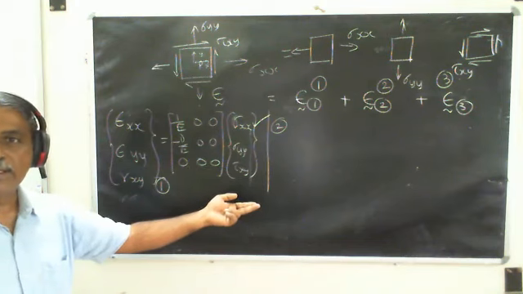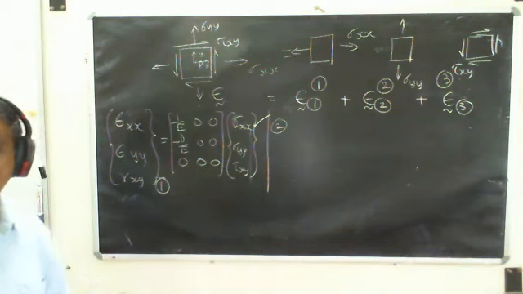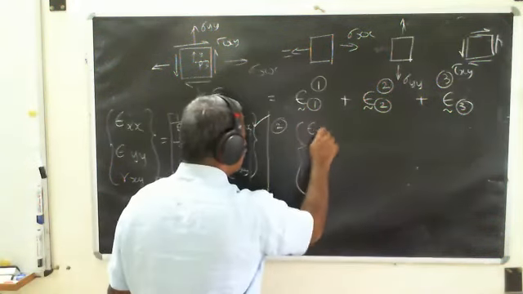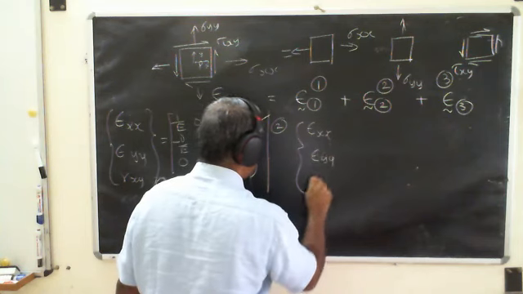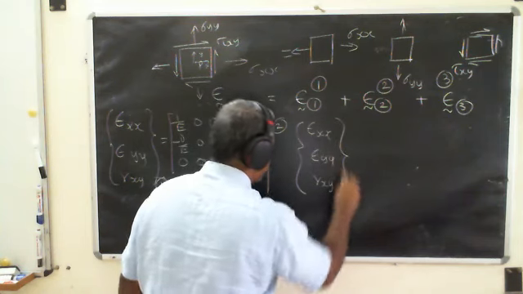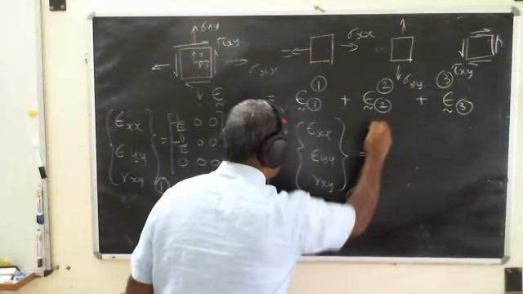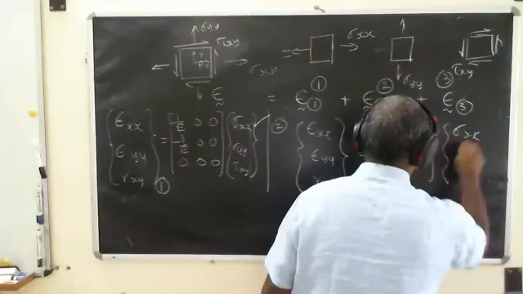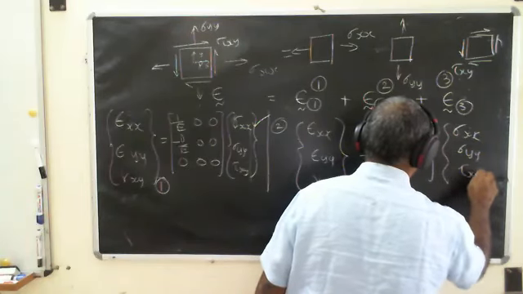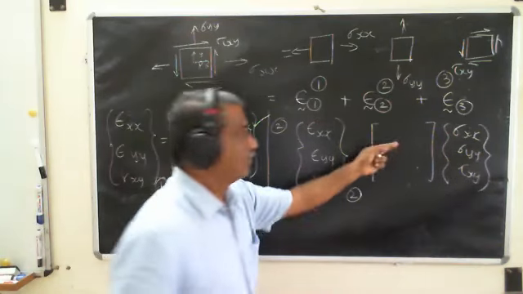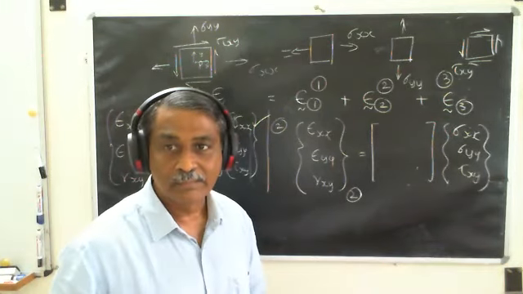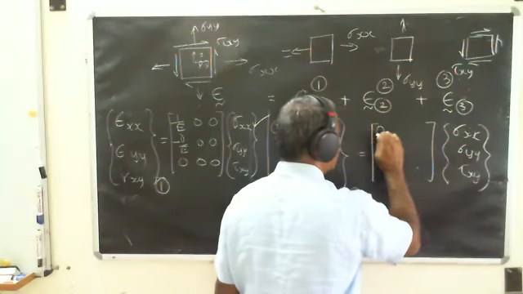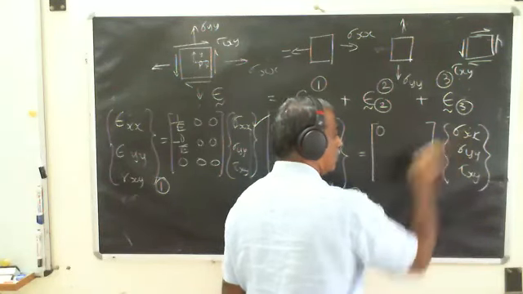For 2, is it possible to easily guess what it would be? For 2, epsilon xx, epsilon yy, gamma xy. For the second case, give me this matrix: 0, 1 by E, 0, 1 by E, down or up, sideways.